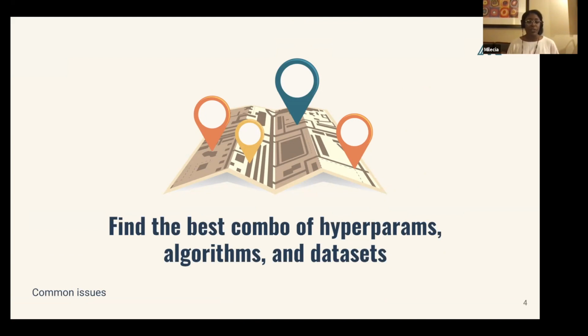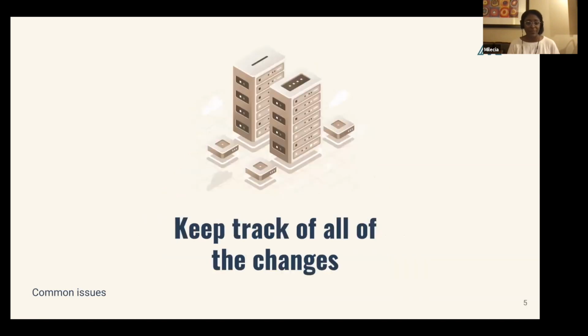We're trying to find this combination of all of these different things. Hyperparameters are very different from algorithms, which are completely different from data sets, and we have to find what works best.